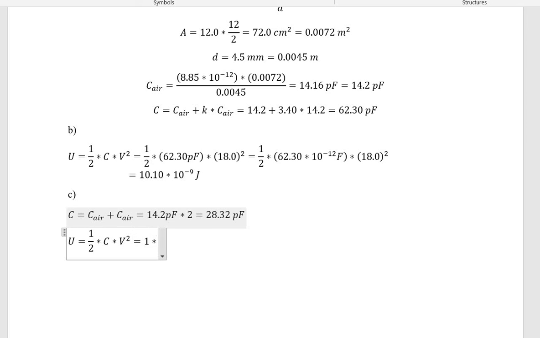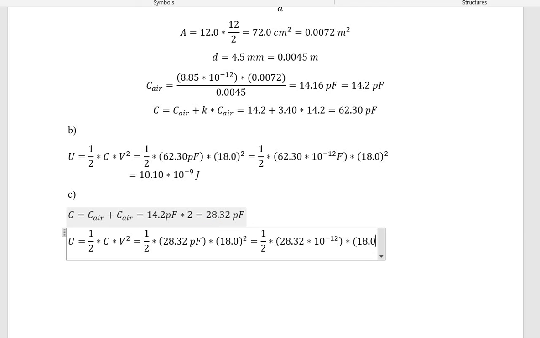And it's going to be equal to 1 over 2 multiplied by 28.32 picofarads multiplied by 18.0 squared, and this is the same as 1 over 2 multiplied by 28.32 multiplied by 10 to the power of negative 12 multiplied by 18.0 squared, and all this equals 4.60 multiplied by 10 to the power of negative 9 joules. And this is the answer for part C.